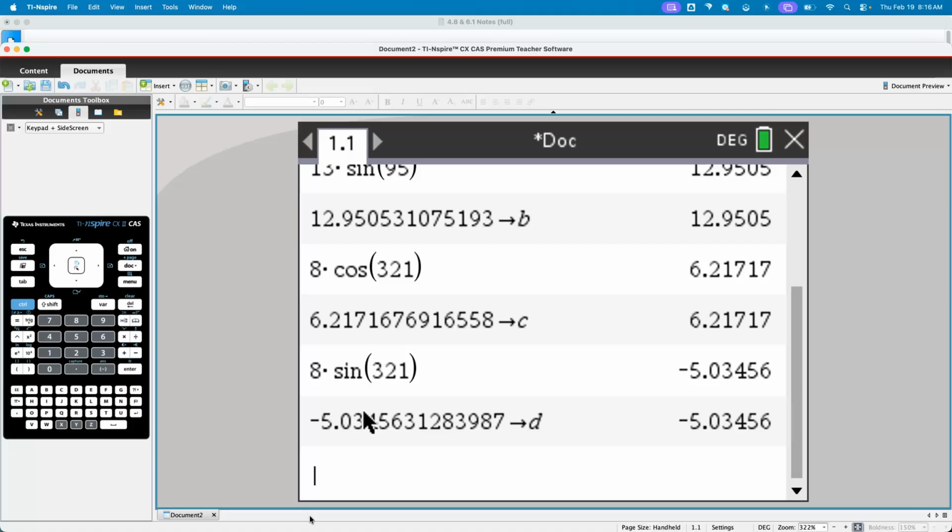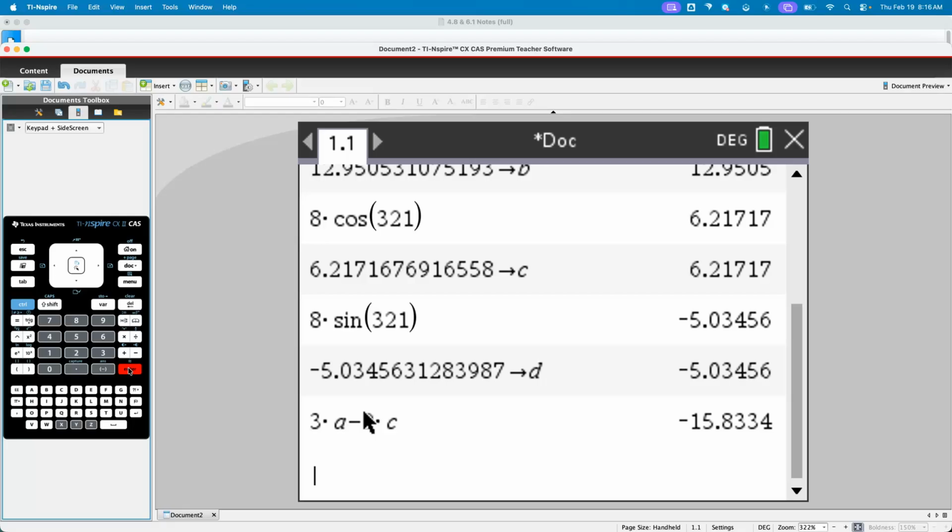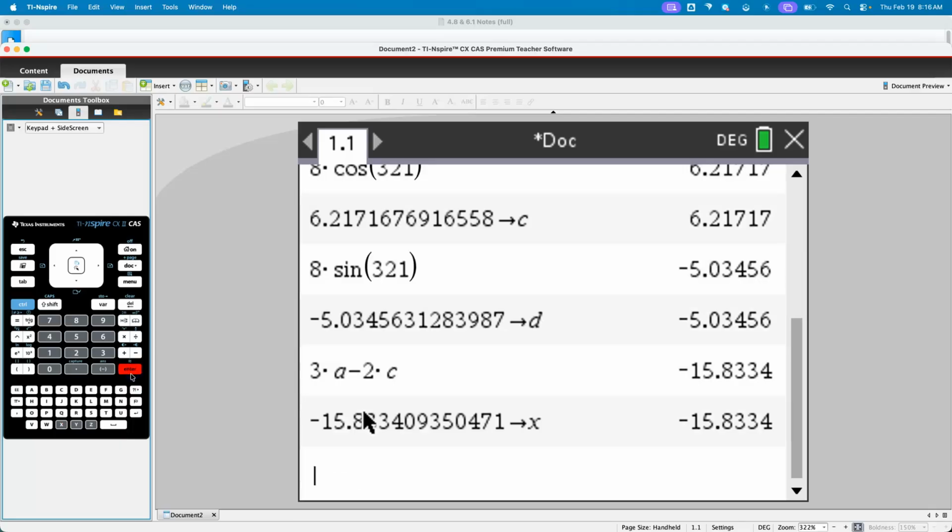Okay? So let's go here now, 3a minus 2c. And literally I just go 3a minus 2c. And it tells me what it is. Now, we're going to have to use that again because we have to find the magnitude of this vector too. So I'm going to store that one as my x. So negative 15.833.